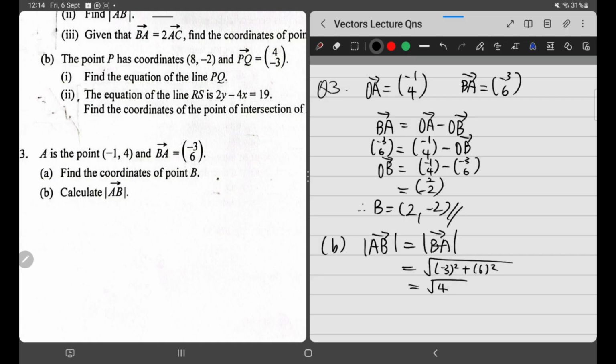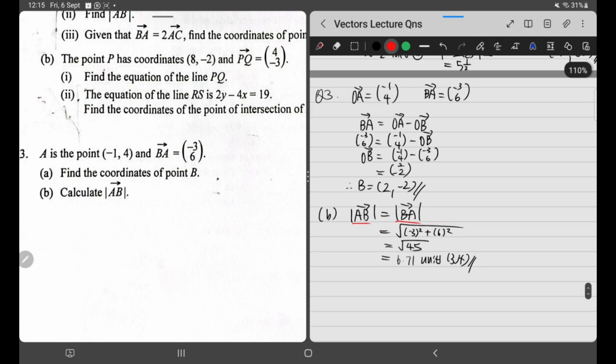Right? I'll get 45, and then square root 45 is 6.71 units to 3SF. Alright, these two are the same magnitude, just opposite direction. So they can both have the same length.